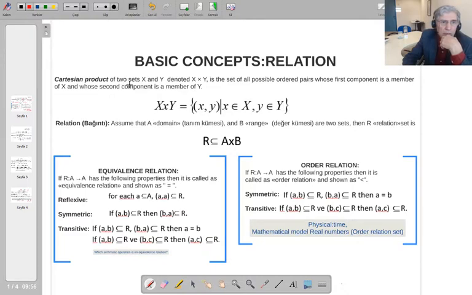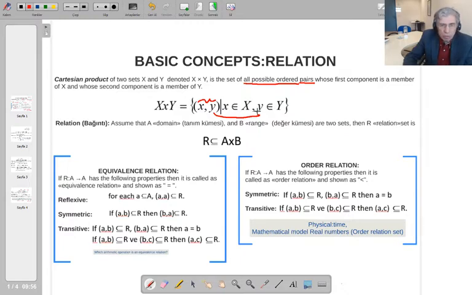The Cartesian product of two sets x and y, denoted x multiplied by y, is the set of all possible ordered pairs whose first component is a member of x and whose second component is a member of y. So x Cartesian product y is equal to these pairs, all possible of them. The first of this pair belongs to x, the second belongs to y.